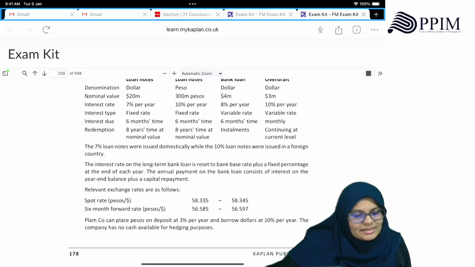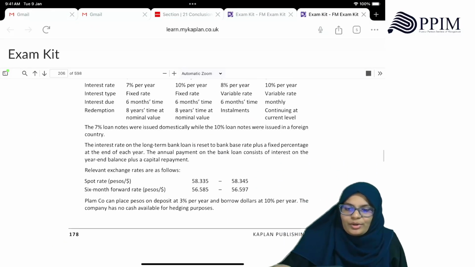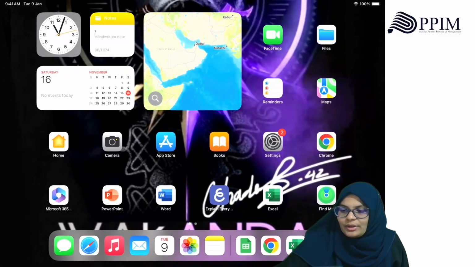Okay, right. So let's see what happens in 6 months' time. Now, if you look at 6 months' time, what has happened? We don't have the predicted spot rate, but we have the forward rate, right? So we can make an assumption that both are more or less the same. So what happens in 6 months' time? The rate is going to become 56.585. Okay, so that means how much will I end up paying in dollars? We need to calculate, right?